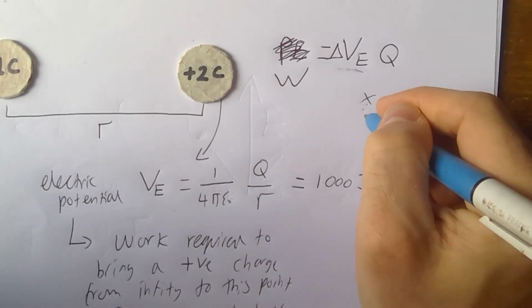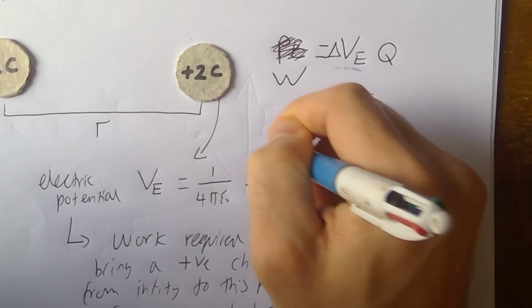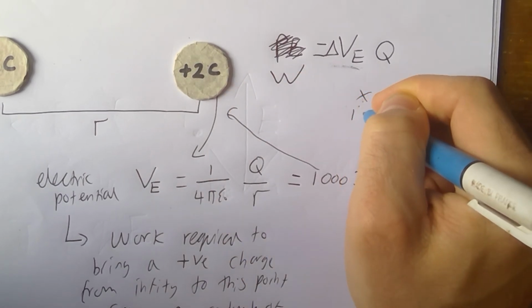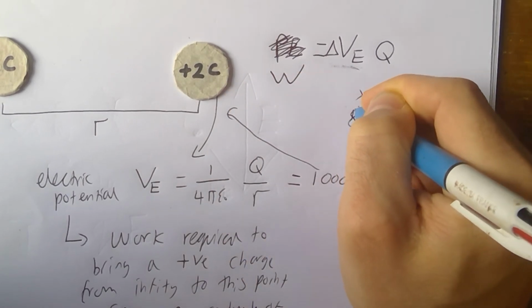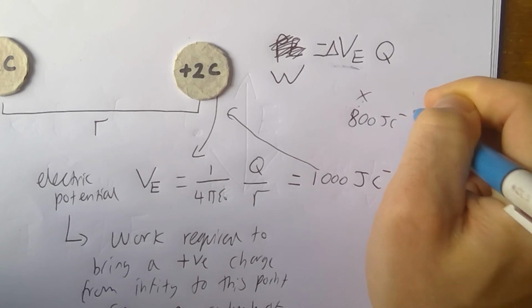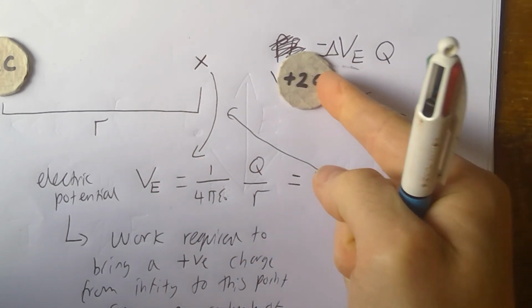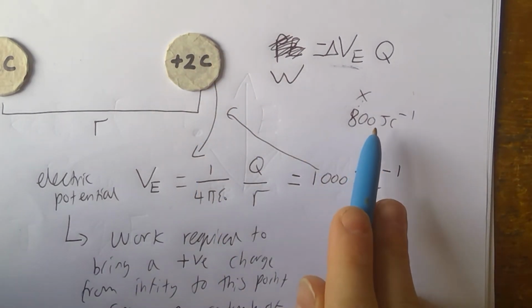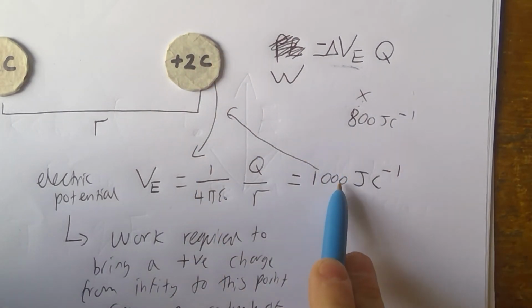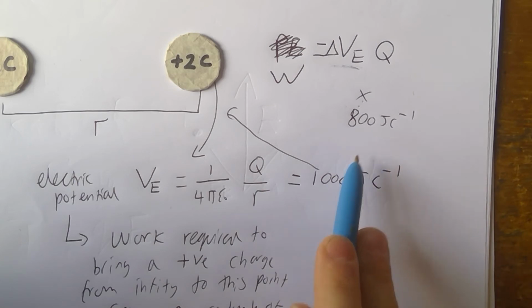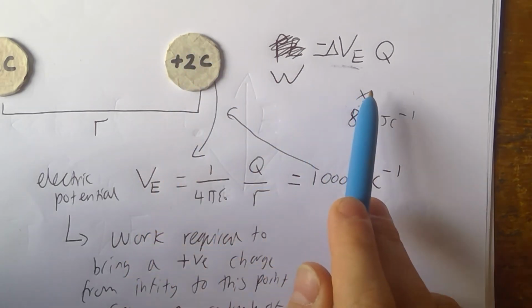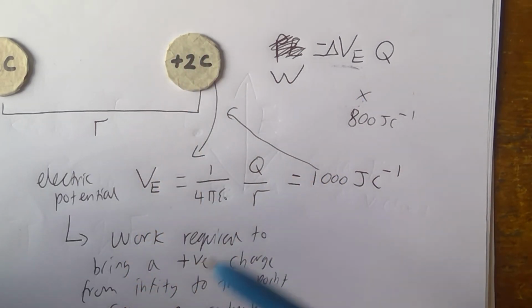So let's just suppose the potential here is 800 joules per coulomb. If I move my 2 coulomb charge from here to here, it would require 200 joules of work per coulomb, and I've got 2 coulombs, so I'd have done 400 joules of work.